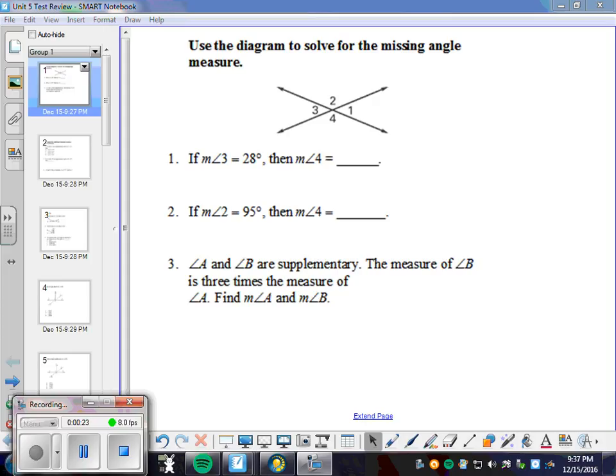Okay, number one. If the measure of angle 3 is 28, then what's the measure of angle 4? So looking at our number 1, angle 3 and angle 4 are side by side. They're a linear pair, so they are supplementary.